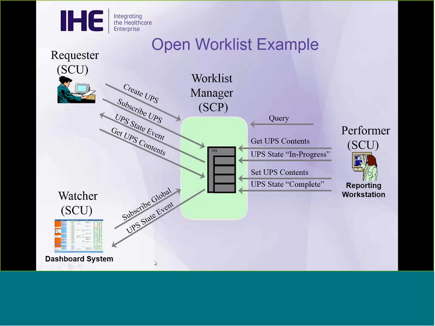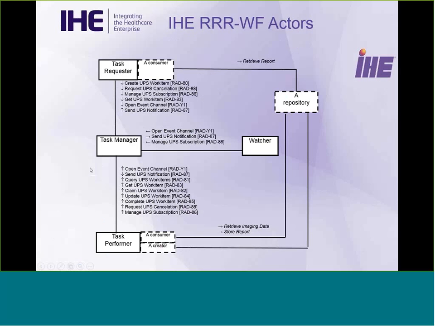Now, in this case, the dashboard is happy. It simply flags that this particular work item is done. The requester is going to want to go get the content so they can review them and potentially pull some of the output objects. In addition to dashboards, we also think watchers will be used for things like analytics engines so that they can collect some of these timestamps and progress measures.